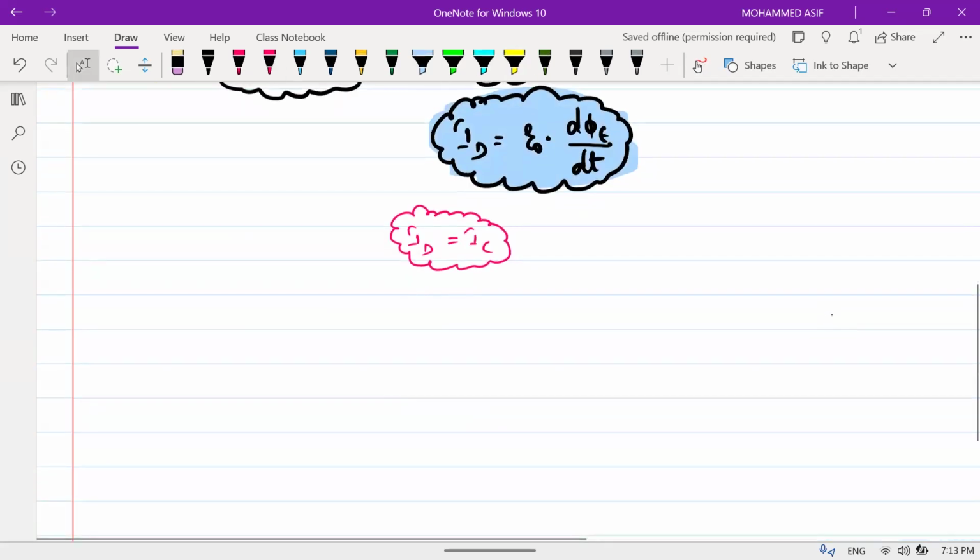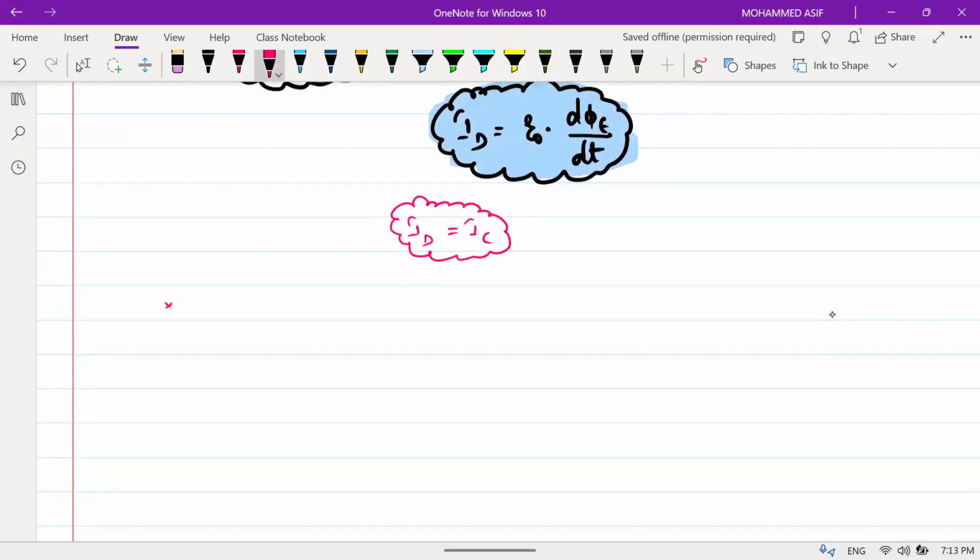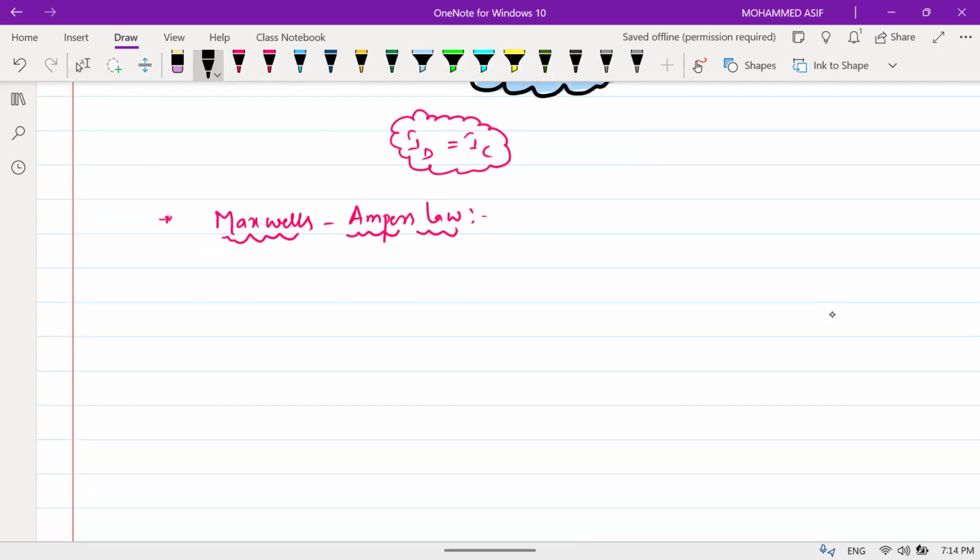This is Ampere-Maxwell's law. So the first law we are writing here is Maxwell's Ampere's law. Maxwell-Ampere's law says that whenever there is a flow of current, it is because of both conduction and displacement current. That is, the line integral of B bar dot dL bar is equal to mu naught into the conduction current plus the displacement current.